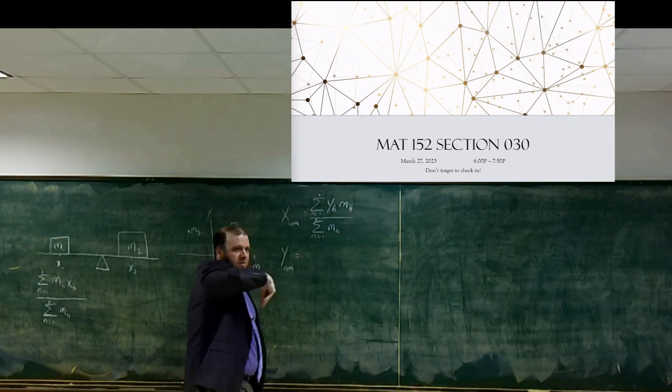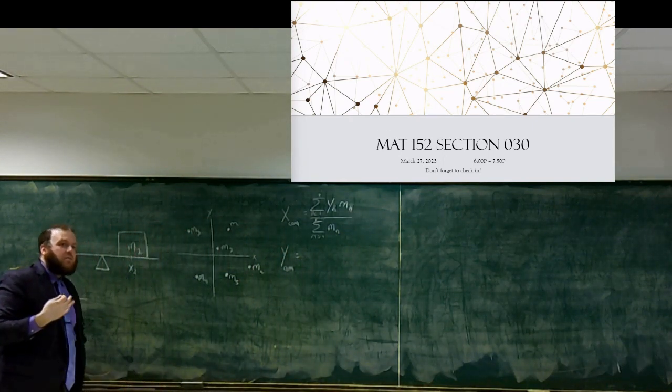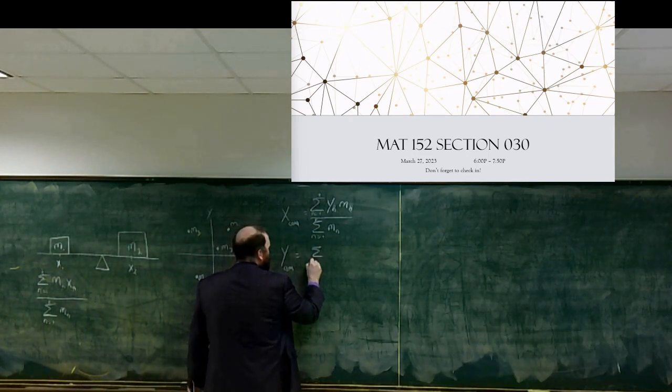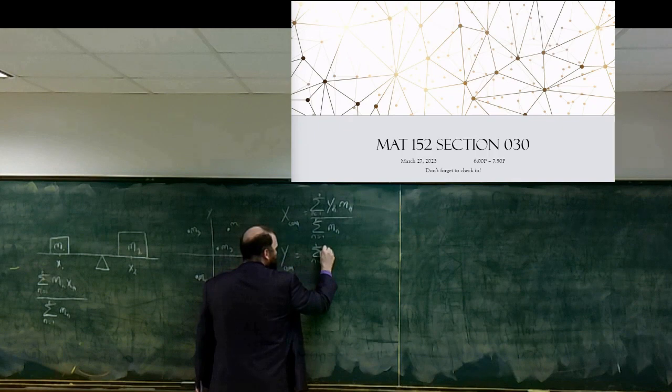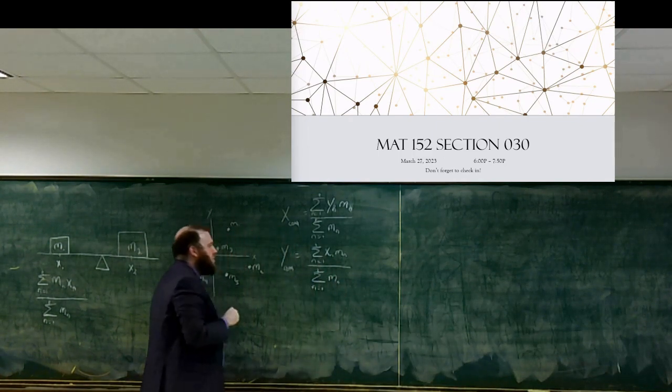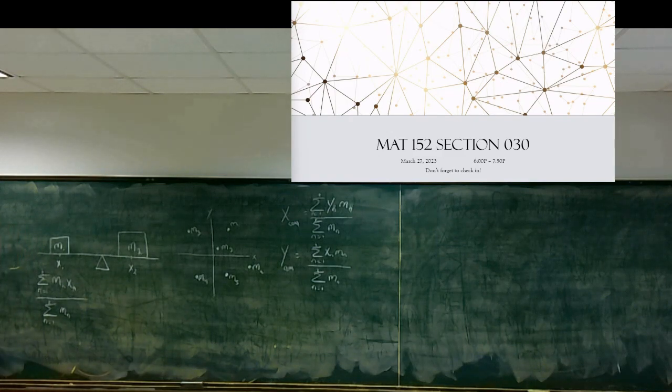So this is just the sum of the x moments divided by total mass. And then the y would just be the sum of the y moments, which is the x-coordinate times mass, divided by total mass, the sum of the masses.